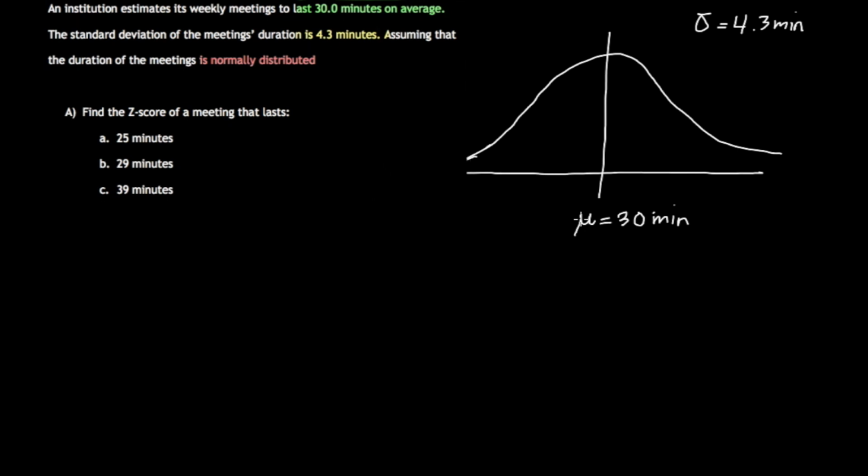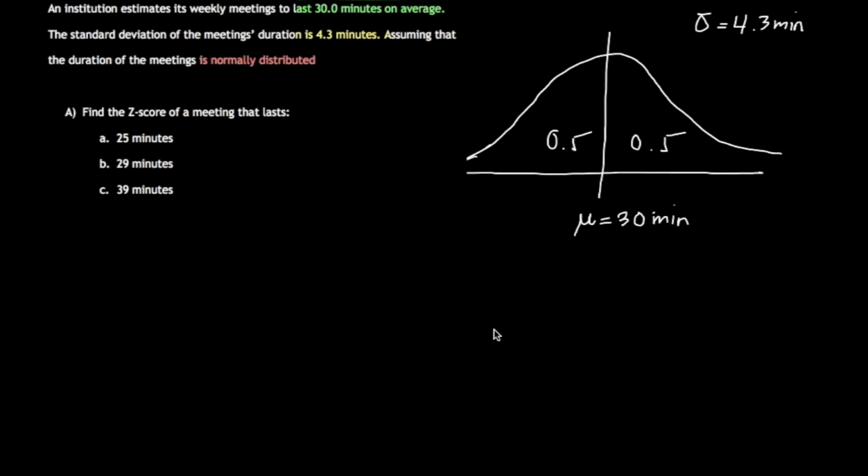When something is normally distributed, it means that on either side of the curve we have the same area, so the same probability. Because the curve is symmetrical, we will have on either side a probability of 0.5 and 0.5, for a total of 1.